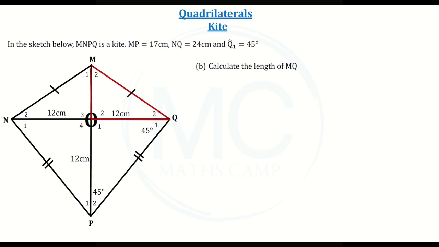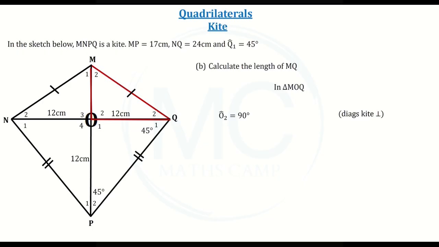Now let's look at the information we have in triangle MOQ. We know that just like angle O1, angle O2 is 90 degrees. So let's make a note that angle O2 is equal to 90 degrees because the diagonals of a kite are perpendicular.